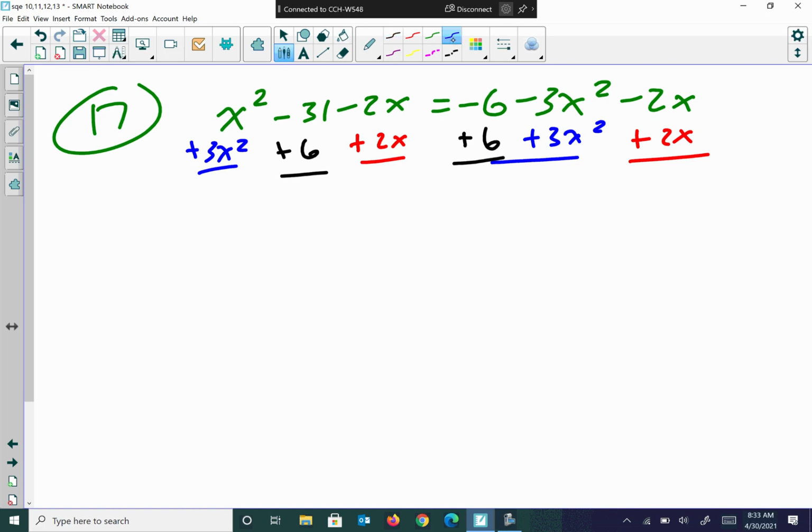So if we do all that, if we add them up, I get 4x squared here. These cancel each other out, so I don't have an x value. Minus 25. C value. Thank you. C value. And then everything over on this side cancels everything out, so that I get 0.